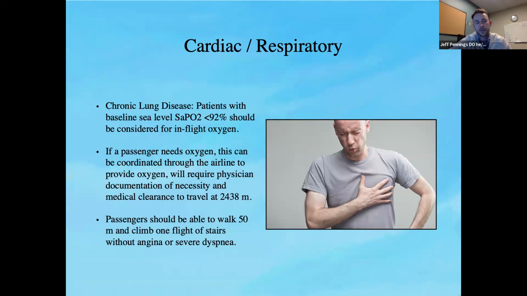The patient would just need physician documentation for the necessity of the oxygen, how much oxygen, and that with that oxygen they're medically cleared to fly. And then passengers should be able to walk 50 meters and climb one flight of stairs without angina or severe dyspnea, as a general thing to keep in mind for clearance.